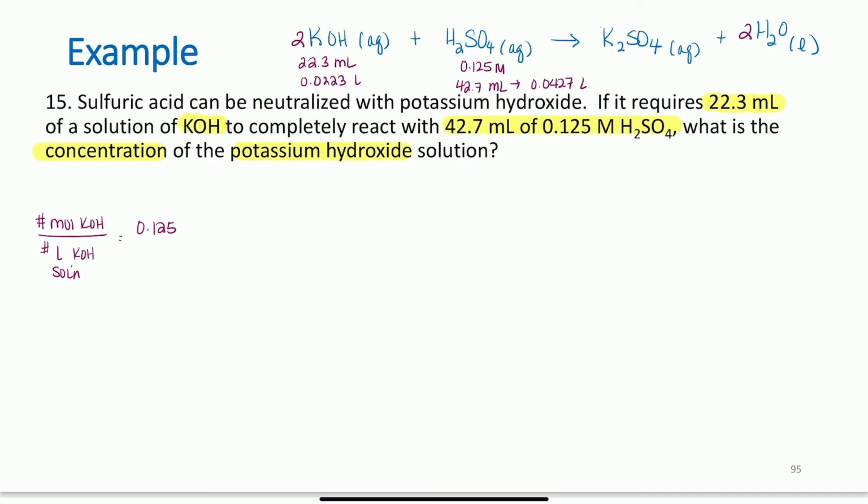So I know 0.125 moles of sulfuric acid per liter, and I'm going to multiply that by the volume of sulfuric acid used, 0.0427 liters, because again, that gets me to my moles.